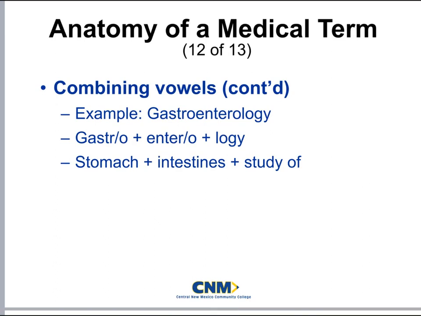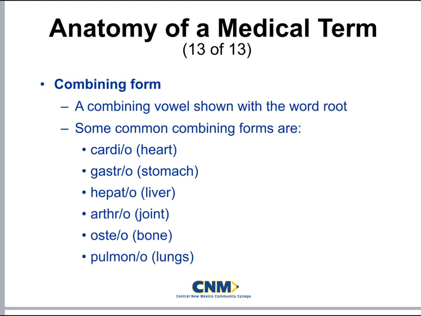So gastro, stomach, entero, intestines, ology, the study of. So gastroenterology is the study of your stomach and intestines. Combining form, a combining vowel shown with the word root. Some combining forms are listed below. So we've gone over cardio, gastro, hepato, arthro, osteo, and pulmono.